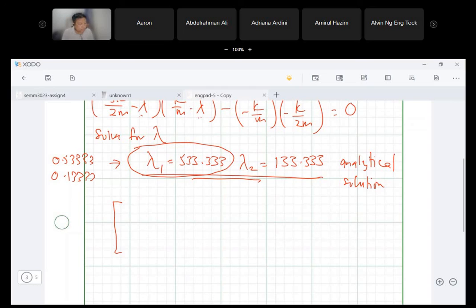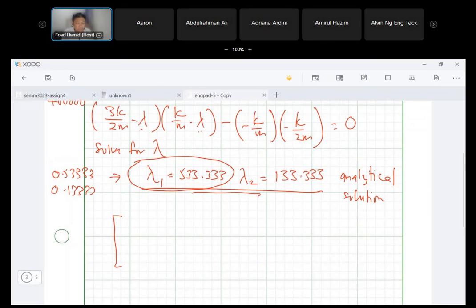Okay, so when you substitute all the values given to you, you should get 400, minus 133.333, minus 266.667, and 2666.